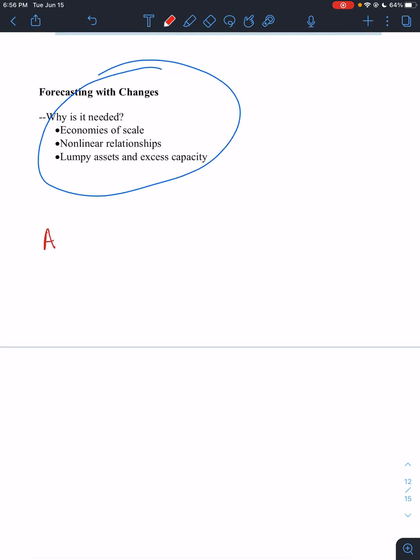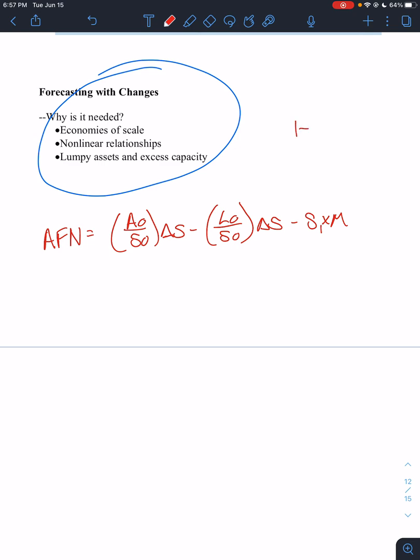So we say additional funds needed was our capital intensity times the change in sales, minus the amount we use spontaneous liabilities times the change in sales, minus how much we can expect from retained earnings, which was future sales times the profit margin. And instead of saying 1 minus payout like they do, I'm just going to make it easier for myself and say R for retention times the retention, just to do the algebra. I'm a big algebra nerd.